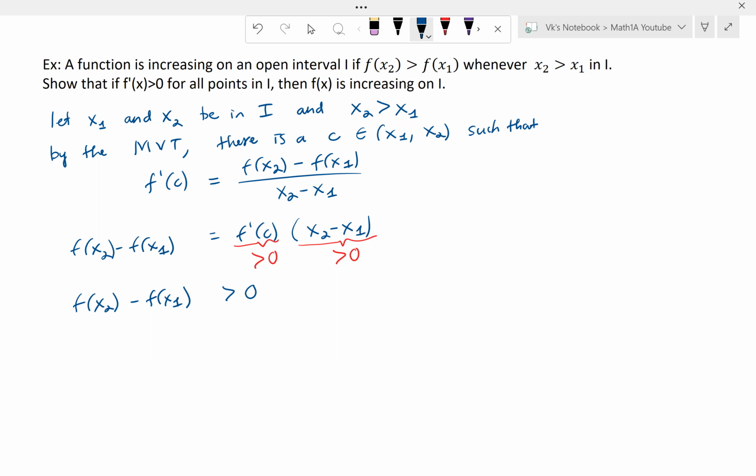From there, we see that f(x2) is greater than f(x1), which shows that f(x) is increasing on I. Wow, that is one of the coolest uses of the mean value theorem.